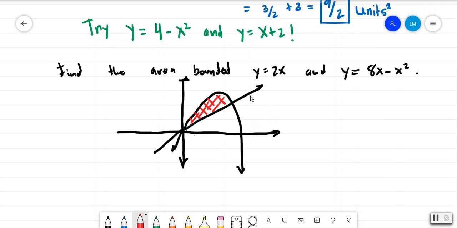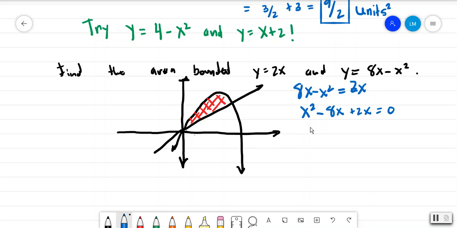Now the thing that we're missing basically is the points of intersection. So we have to take 8x minus x squared, and say 2x. So let's say that we move things around, and we have x squared minus 8x, so that'll be plus 2x then, equals 0.